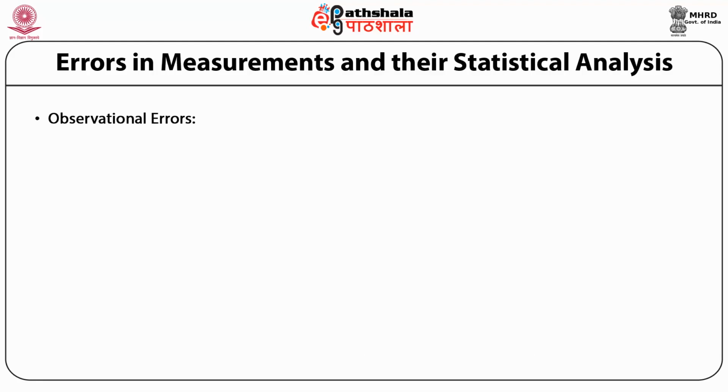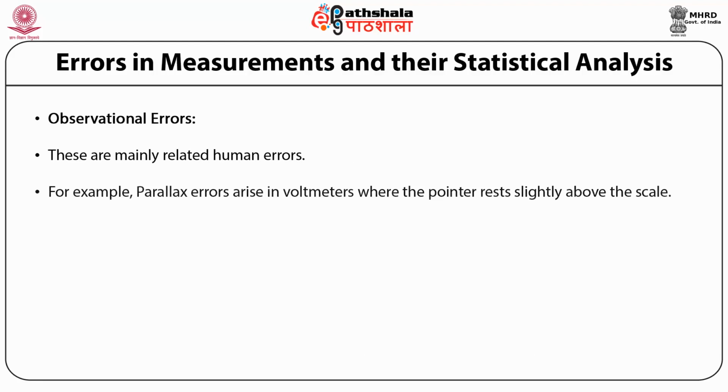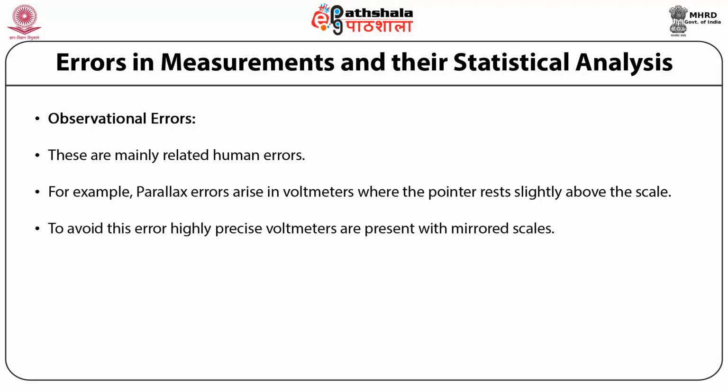Observational errors. These are mainly related to human errors. For example, the parallax errors which arise in voltmeters, where the pointer of the voltmeter rests slightly above the scale. To avoid this kind of error, highly precise voltmeters are present with mirrored scales.